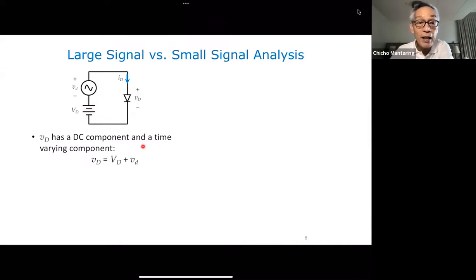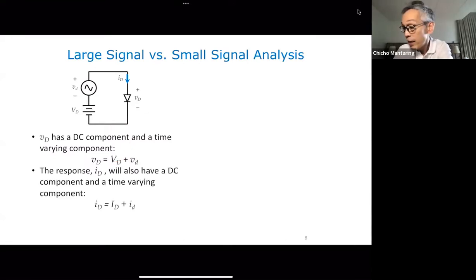I'm applying a DC voltage plus a time varying voltage across my diode, and I should expect this current to also have a DC component plus a time varying component. It's just natural that is what is going to happen.